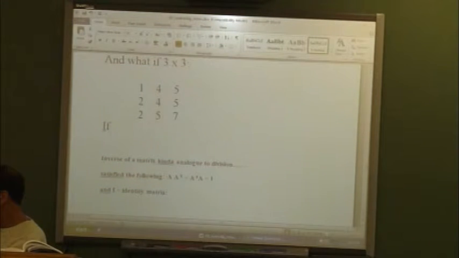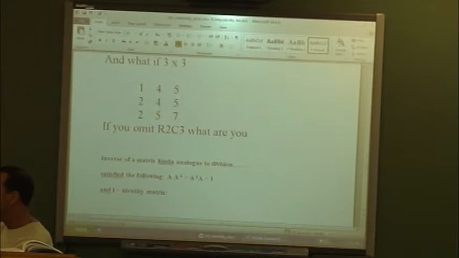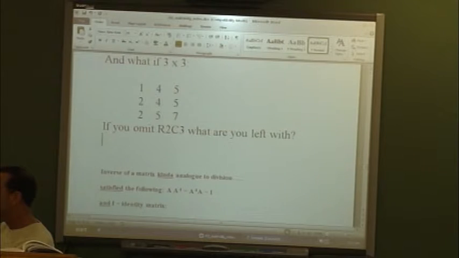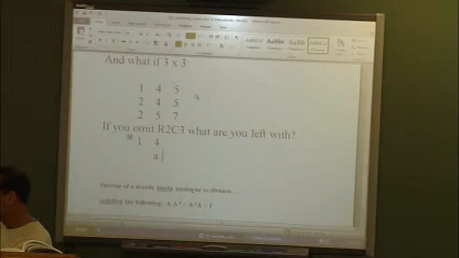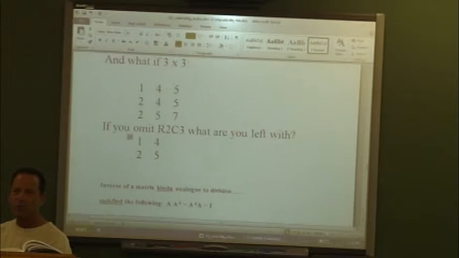If you omit R2, C3, what are you left with? Row 2, 1, 4, 2, 5. 1, 4. Did you say 2, 5? You got it. Now can I do a determinant?